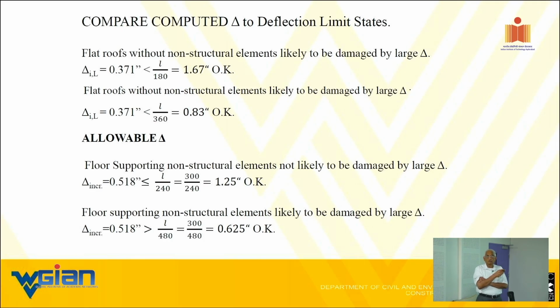These are defined by the code. We have nothing to do with it. So you have to satisfy all these items. If they don't satisfy, obviously what do you do? You go back and increase the size of the section, or increase the amount of reinforcement, or improve the quality of your material, like concrete strength, one of those variables.